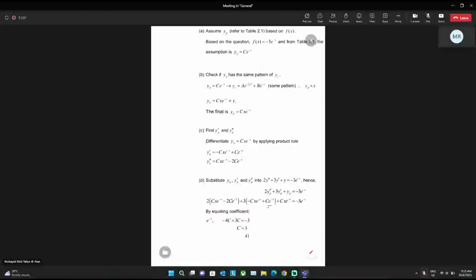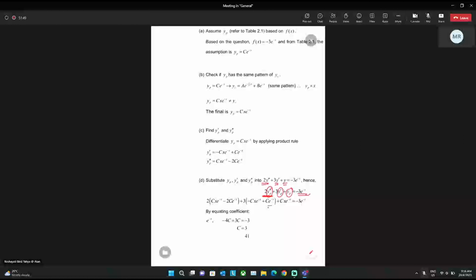Then substitute your YP prime and YP double prime into 2y double prime plus 3y prime plus y equal to negative 3 exponential negative x. So here y double prime becomes your YP double prime. Replace your value here with your YP that you differentiated just now, and that equals fx, the original from the equation.